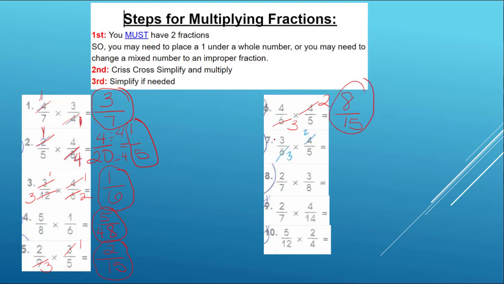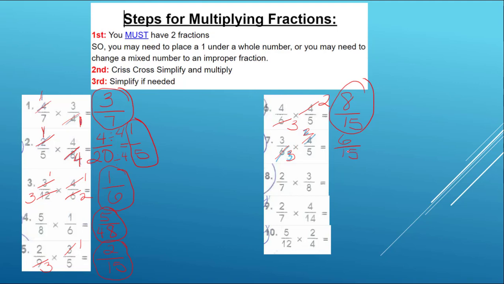Number 7, we have two fractions, 3/6 times 4/5, and I've already done a little bit of crisscross simplifying. So we can, both of these, 4 and 6, can both be divided by 2. 4 divided by 2 is 2. 6 divided by 2 is 3. So now I can multiply. 3 times 2 is 6. 3 times 5 is 15.